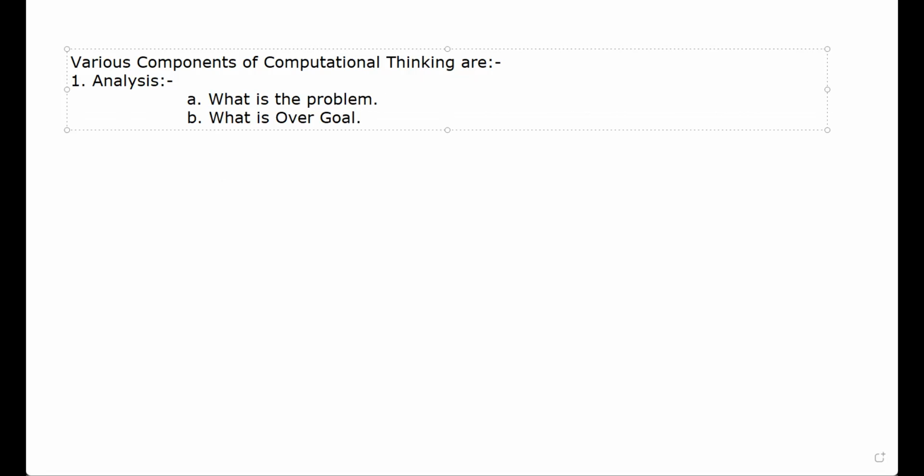In the process of analysis, we need to understand two things. First is what is the problem, and second is what is our goal.